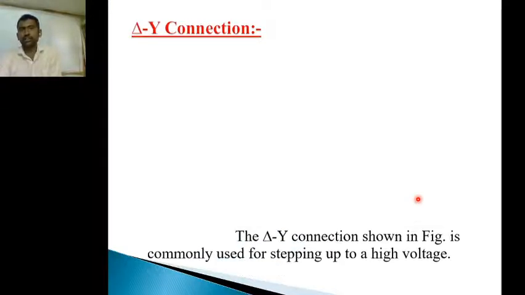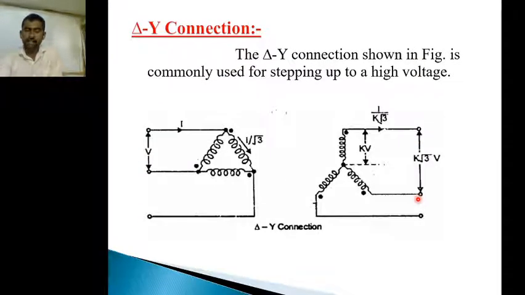And the next one is the delta-star connection. The delta-star connection is normally used in transmission lines. At the starting of the transmission line we go for the delta-star connection, and similarly at the receiving end, at the load, we also go for delta-star. Why? Because the zero sequence components are eliminated in the delta-star connection, and it isolates the primary and secondary.